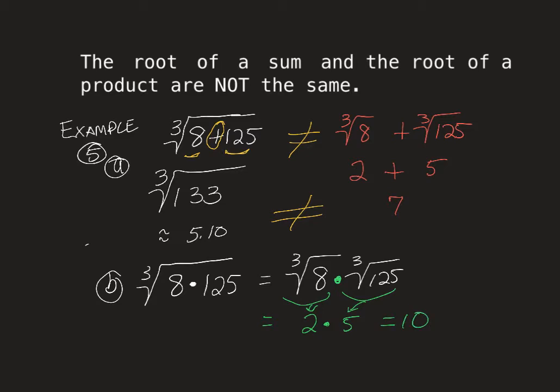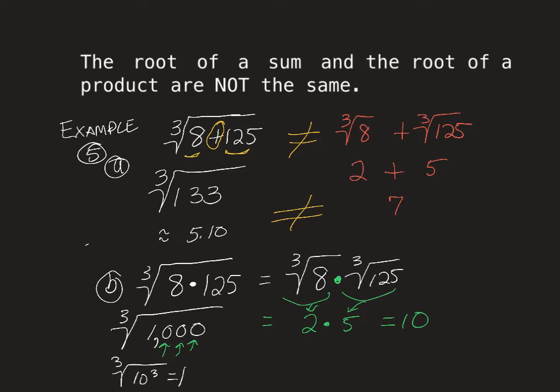Okay? On the other side, if we do the cubed root of 8 times 125, that will give us 1,000. Okay? And 1,000, you remember this, there are 3 zeros here. That means 1,000 is equal to 10 cubed.